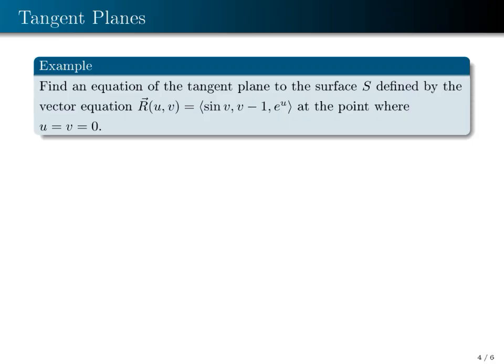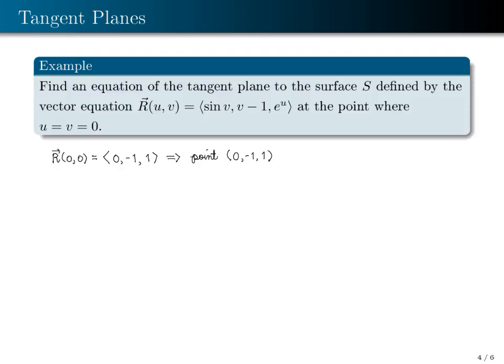The point of tangency is obtained by computing r of 0, 0, which is the vector with components sine 0 equals 0, 0 minus 1 equals negative 1, and e to the 0 equals 1. Hence, the point of tangency is the point (0, -1, 1).